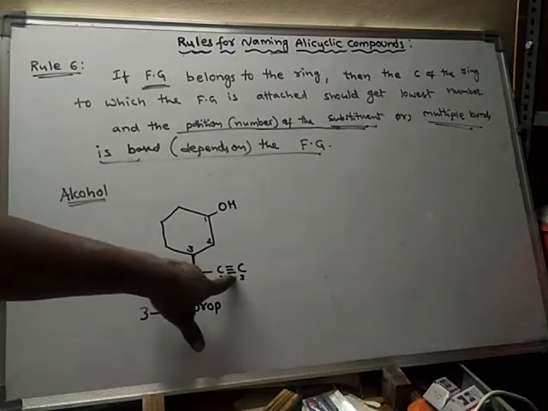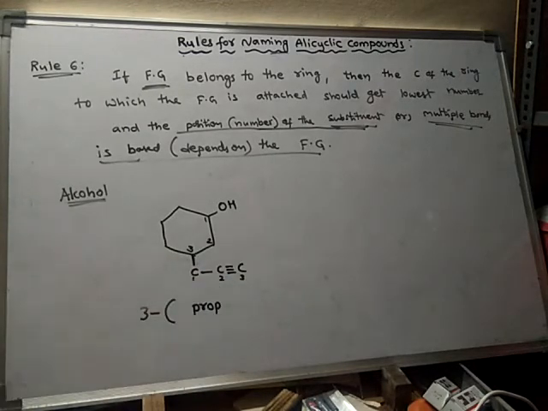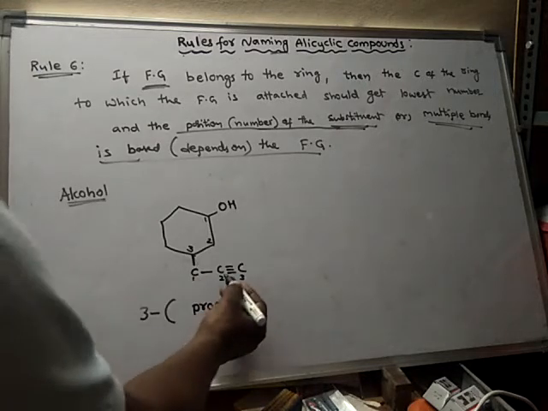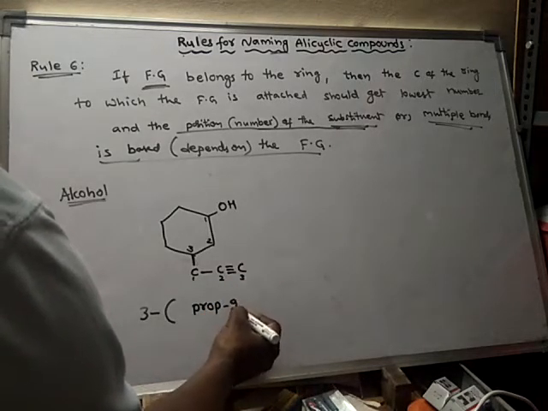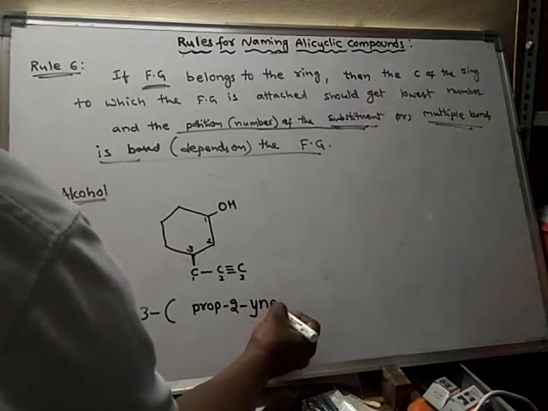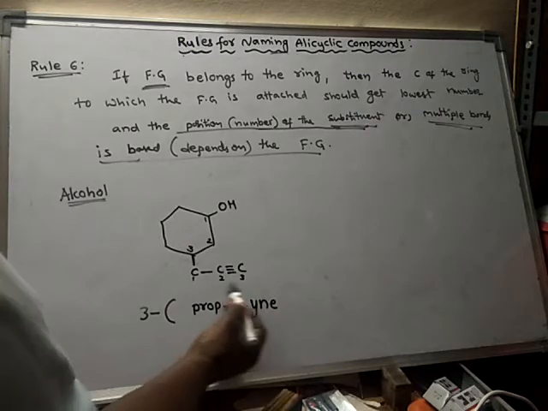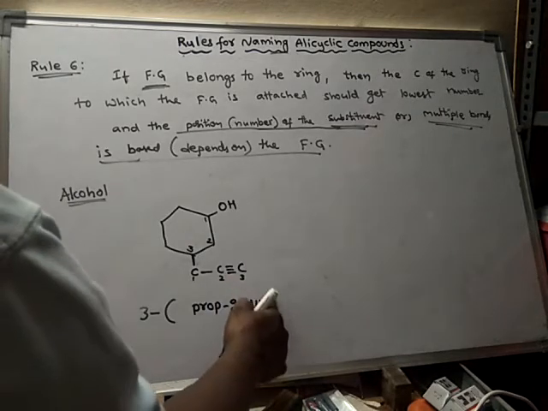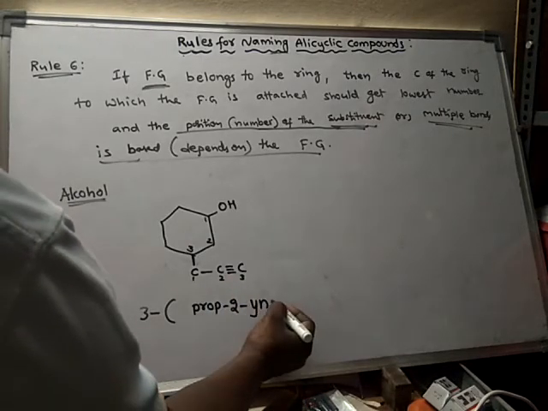On the second carbon, a triple bond is present. Triple bond means yne, alkyne. This is an alkyne side chain. So on the second carbon, yne is present, and as it is a side chain, we mention it as yl.